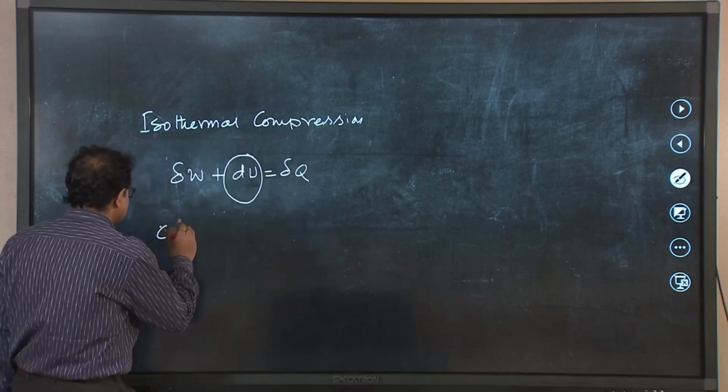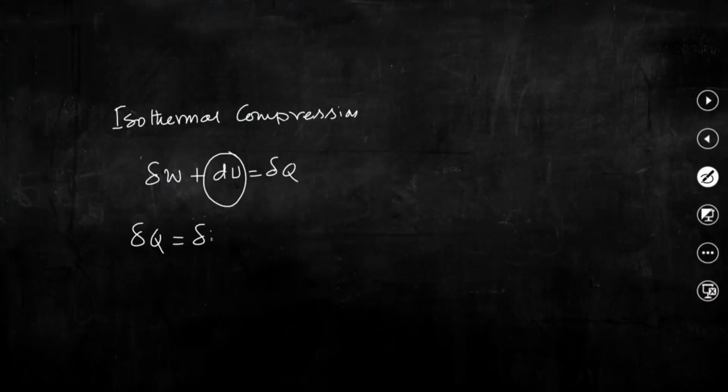That means, del Q equal to del W plus U2 minus U1. So, 1 to 2.